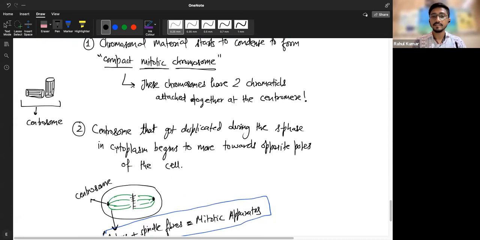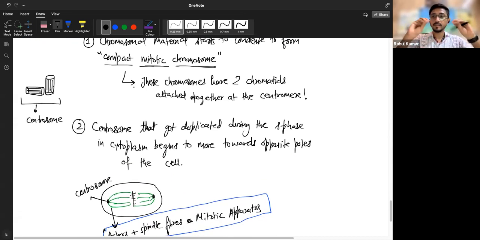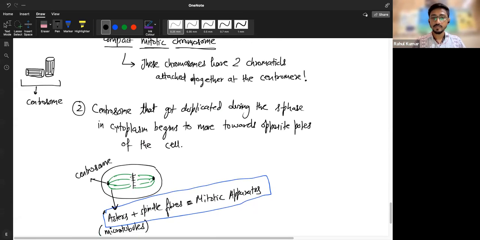And in the cytoplasm, the centrosomes started moving towards the opposite poles and started giving out asters, which together with the spindle fibers will make the mitotic apparatus in the coming time. Basically the preparation is happening at both the places, at home and at the mandap or the marriage hall together, in the nucleus and in the cytoplasm.